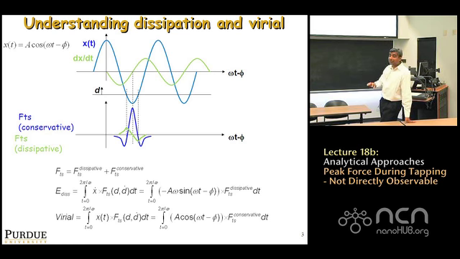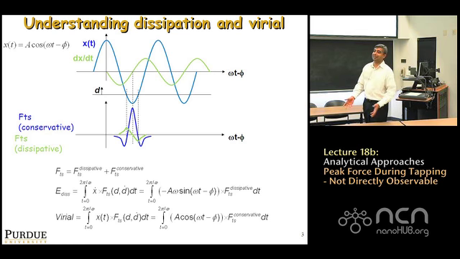Okay? Which means a generic shape for the dissipative interactions is going to be as shown in green, which means it's going to be antisymmetric with respect to the center, because as you approach a sample, the velocity is in a certain direction. As you move away, velocity is in the opposite direction, right? So it has to be antisymmetric. When you move in, move away, the directions of dissipative forces have to change. If they don't change, then it's a conservative force, okay?